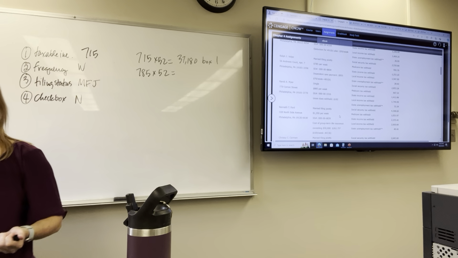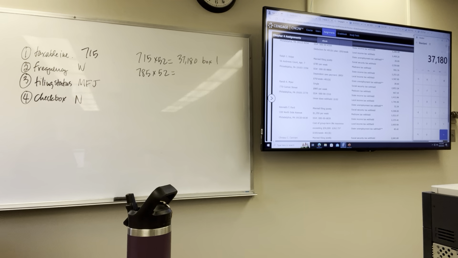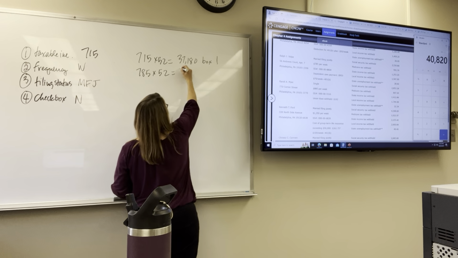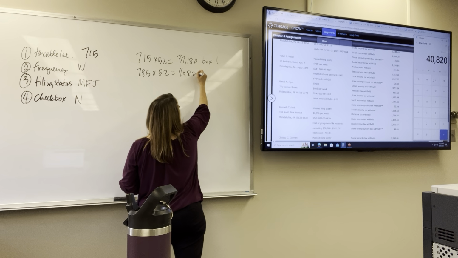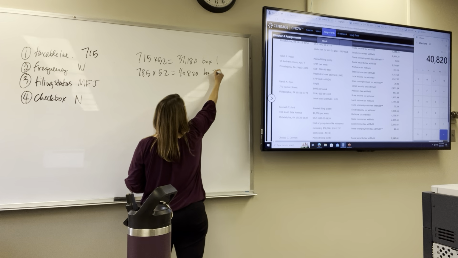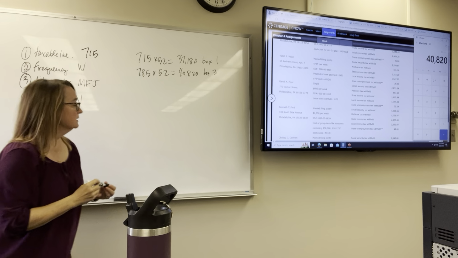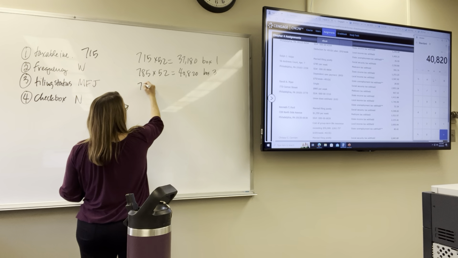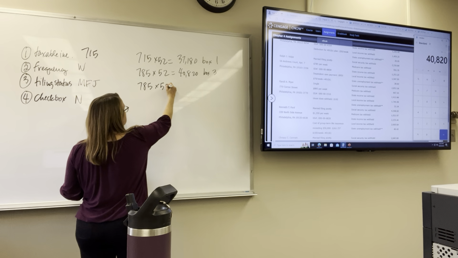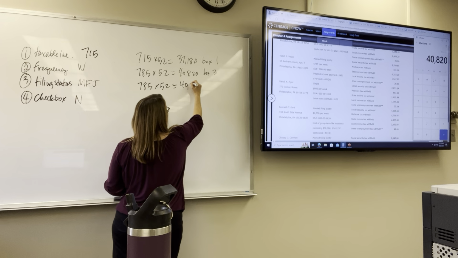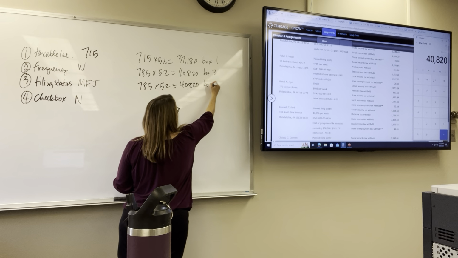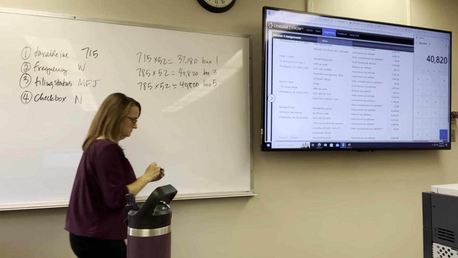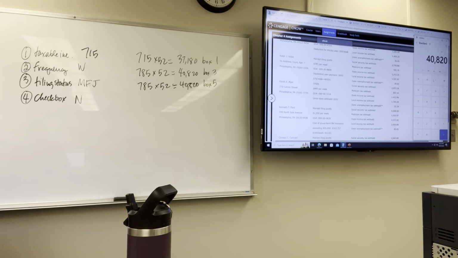This is going to be box three, $48.20. It's going to be the same thing for box 5 for our Medicare wages.